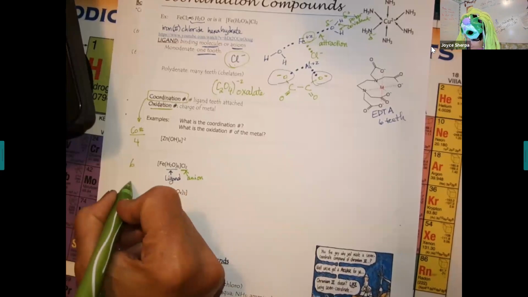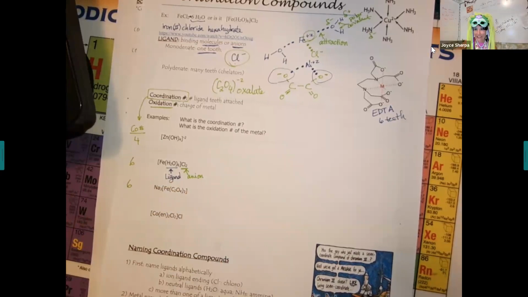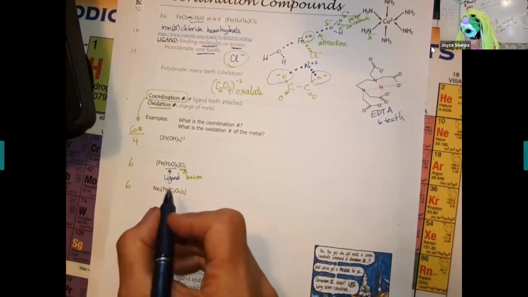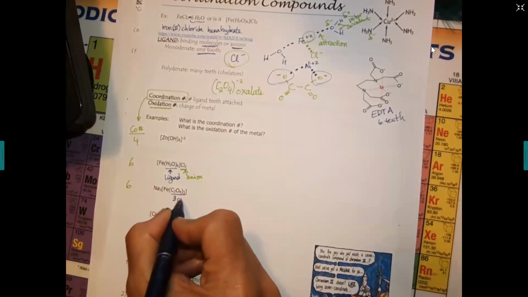The next one is 6. Why is the next one a 6? With 3 sodiums and 3 oxalates, the sodiums are extra. The sodiums are outside of the bracket. So the only ligand we have are the oxalates. We have 3 oxalates.